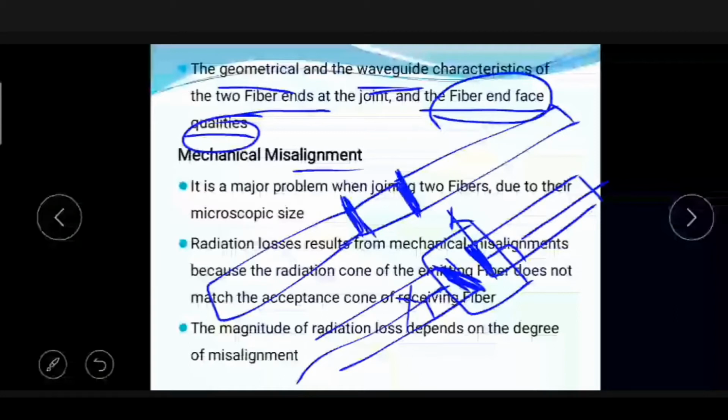One is low loss, the other is reduced distortion. So these two factors are to be considered. But it doesn't happen practically. There will be some misalignment, and that is a mechanical misalignment which occurs in a fiber.